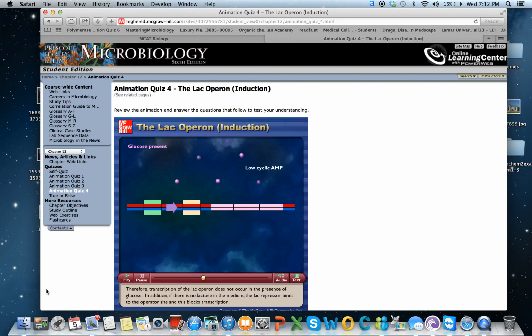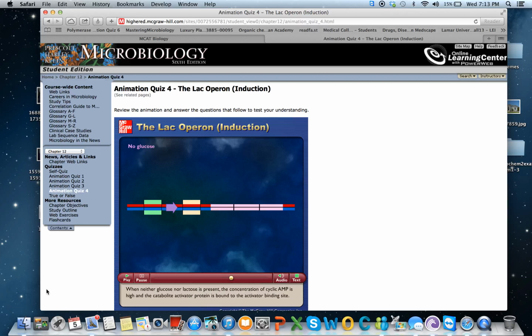In addition, if there is no lactose in the medium, the lac repressor binds to the operator site, and this blocks transcription. When both glucose and lactose are present, there is insufficient cyclic AMP to bind to the catabolite activator protein, which therefore cannot bind to the activator binding site. Without the bound activator protein, RNA polymerase cannot bind to the promoter and initiate transcription, even though lactose binds to the repressor and prevents it from binding to the operator site.